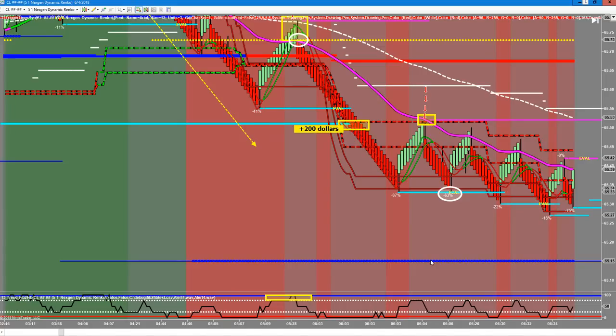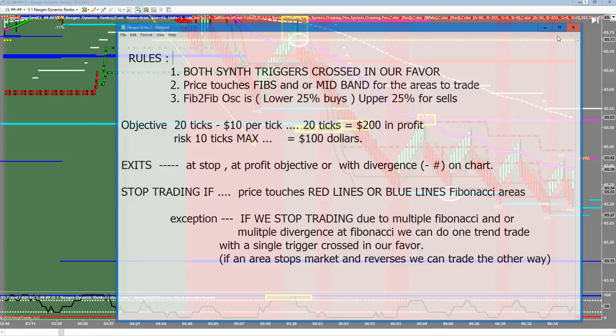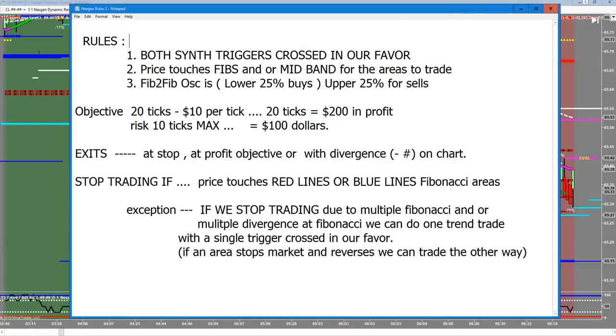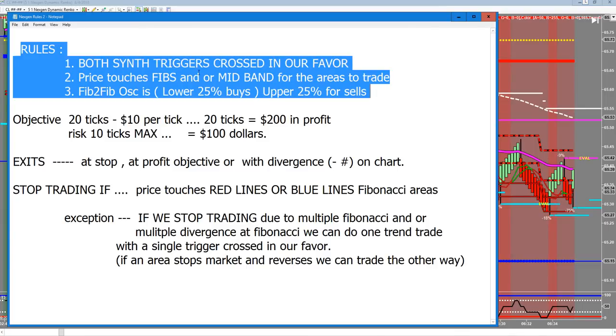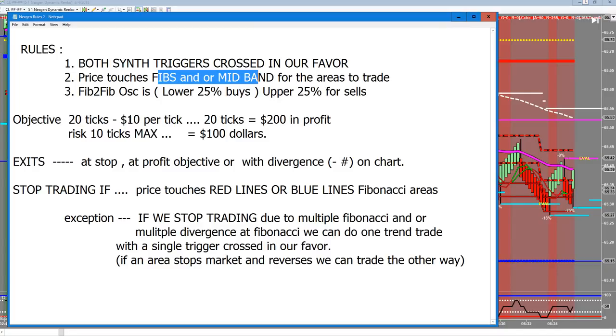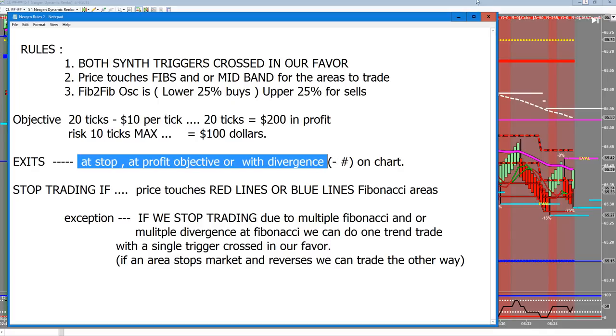Again, I want to go slow at first, and then we'll pick up some speed. Both synthetic triggers cross in our favor, pull back to fibs or mid bands, we're going to do some sells, trying to make 20 ticks. We're going to stop if we have divergence, which is this negative number on the chart.